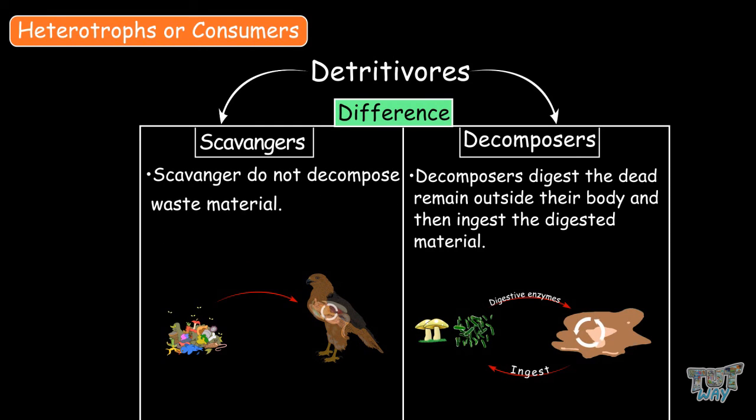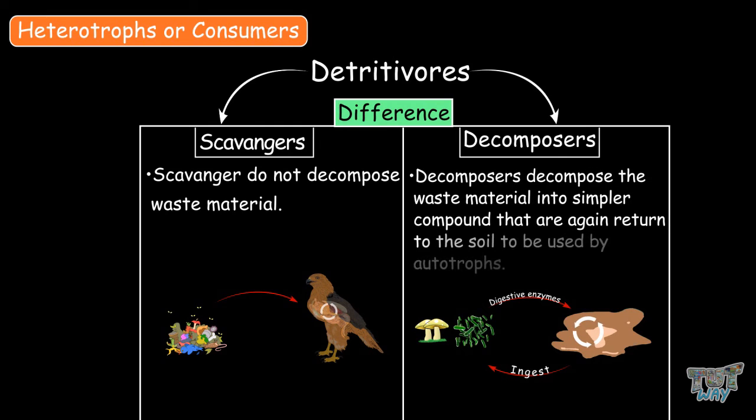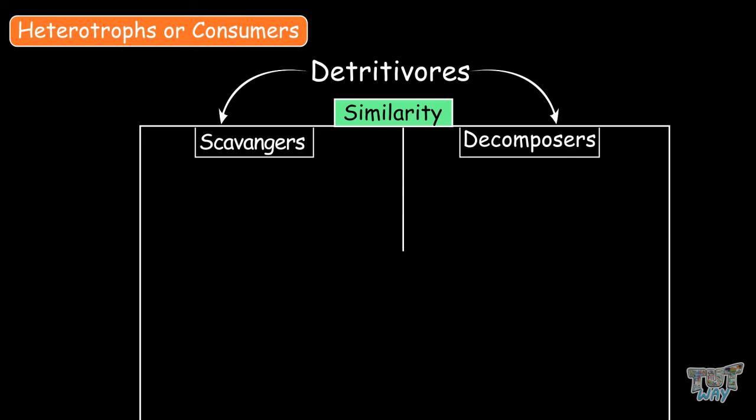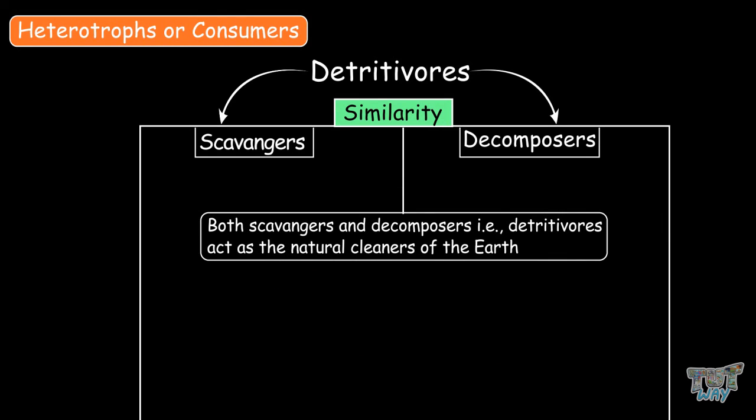Scavengers do not decompose waste material, but decomposers decompose the waste material into smaller compounds that are again returned to the soil to be used by autotrophs. And both scavengers and decomposers, as in detritivores, act as the natural cleaners of the earth.